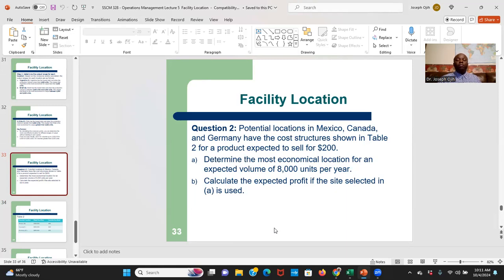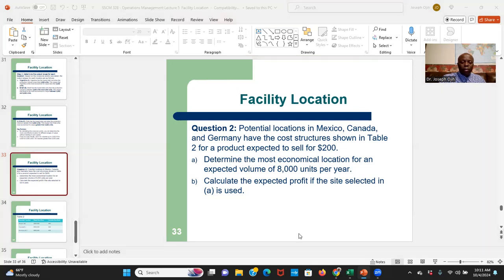After that, you can begin to answer these questions. First of all, note that the selling price will be $200 and the expected volume to be sold each year is 8,000. Let me take you to Excel where I can enter this.